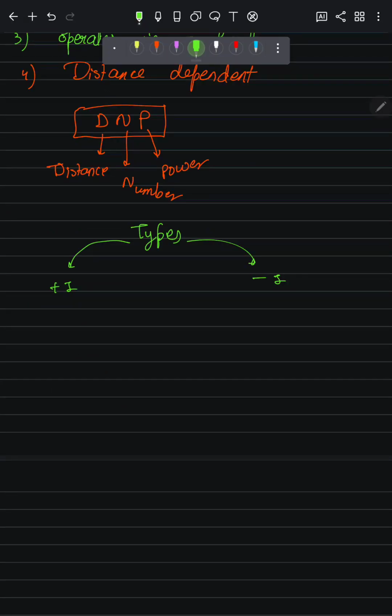These are basically 2 types: plus I and minus I inductive effect. The plus I effect is responsible for electron donating groups, and the minus I effect is responsible for electron withdrawing groups. All the anions, which are electron rich in nature, show the plus I effect.